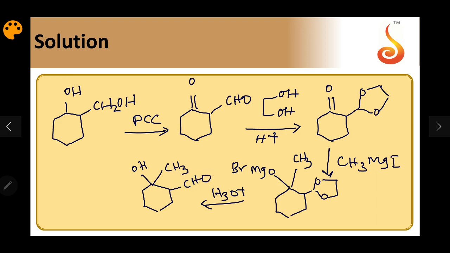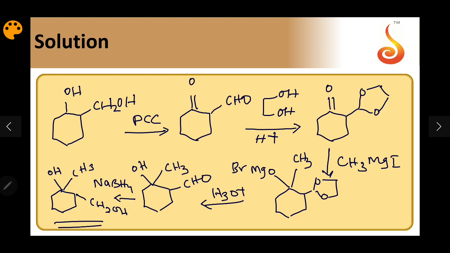And the next step is NaBH4. So we are reducing with NaBH4. So the aldehyde gets back to CH2OH. So the secondary alcohol has been converted to tertiary alcohol and the primary alcohol will remain as it is. This should be the end product D.